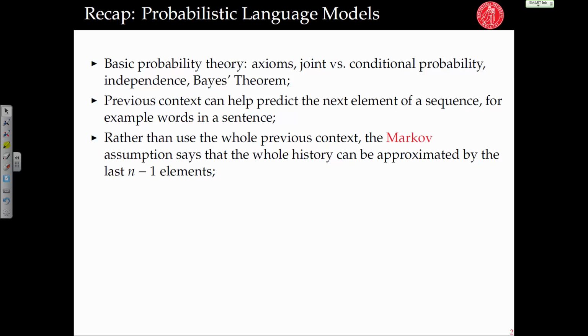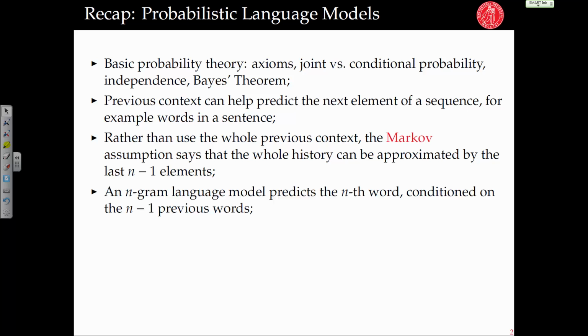And we applied that to our models, and we said we can predict the next element based on the last n-1 elements. We don't need to look at the full history. And that led us to define n-gram models: bigram, trigram, etc. An n-gram model would predict the nth word conditioned on the n-1 previous words.